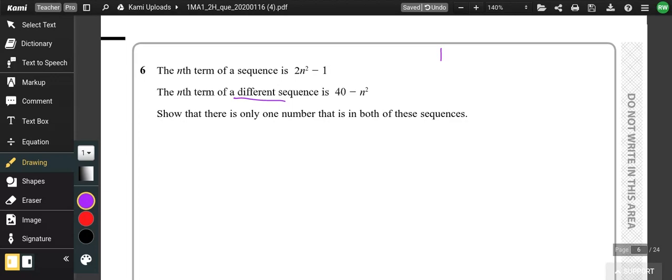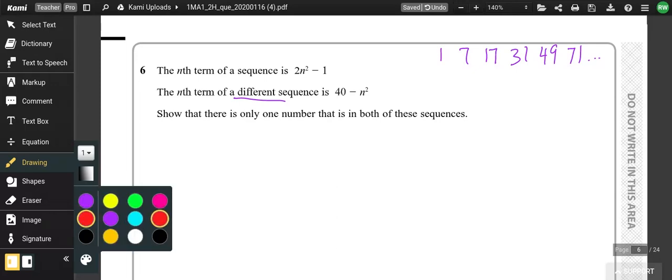So it goes 1, 7, 17, 31, 49, 71, etc. And for the second equation, we've got 40 minus x squared. So the second one is 39, 36, 31, 24, 15, 4, and then it goes negative.